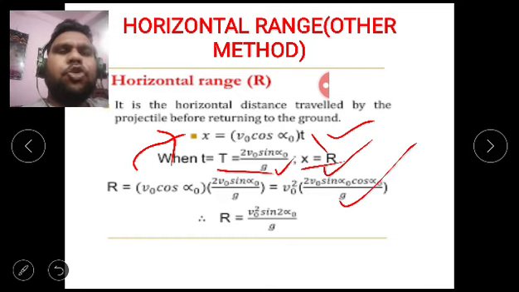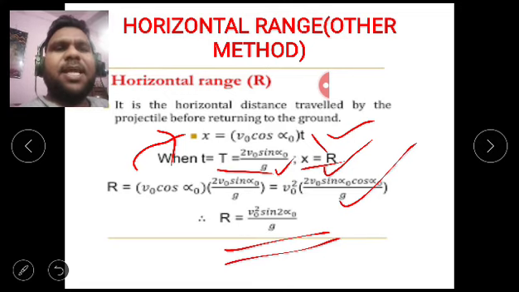Rearranging the terms, you will get r is equal to u square sin 2 alpha upon g. This is already derived by another method, and this is the other method. I am giving you two methods to derive the formula for range.